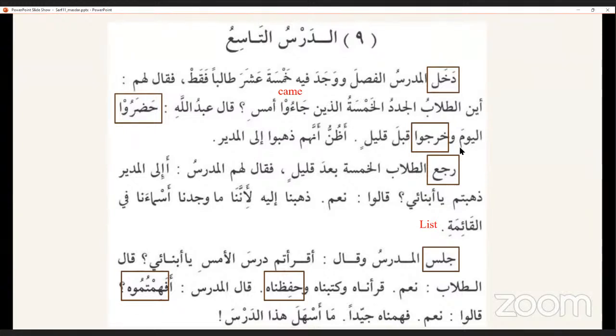Okay. Then kharaju. And we know that the Hua version of kharaju is kharaja. And this is again raja'at tullabul khamsatu ba'da qalilin. In this, raja'a is already the Hua version.